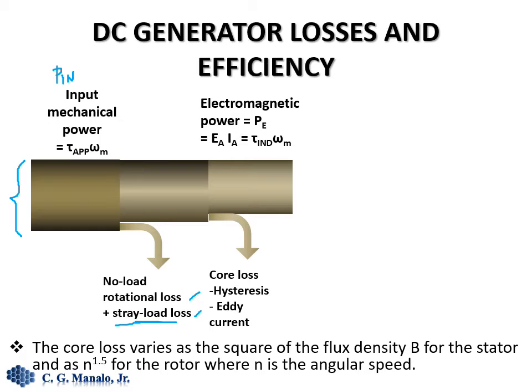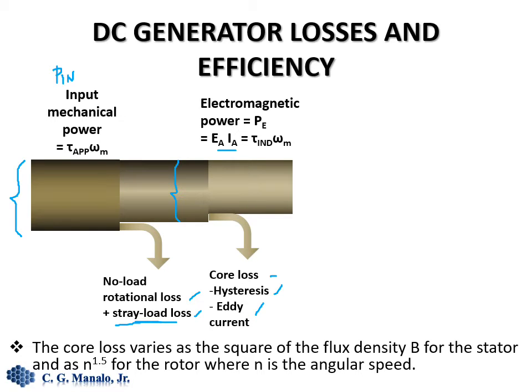However, not all of this power here, so this is still mechanical, goes through the output of the armature circuit because of what is called the core losses. These are the losses due to the heating of the armature core. Now, the heating there is due to two factors. We have the hysteresis loss and the eddy current losses.